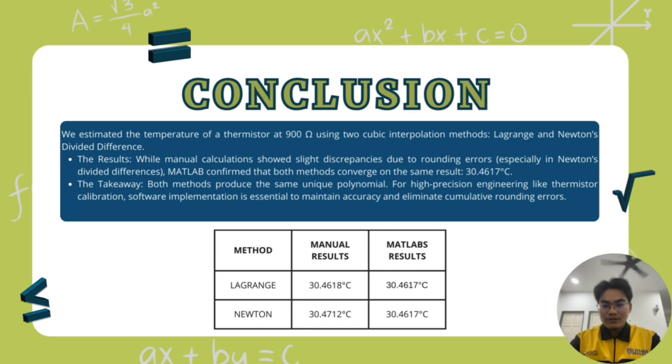Both methods generate the same unique interpolation polynomial for a given set of points. For high precision engineering applications, we conclude that while both methods are theoretically identical, software-based computation is necessary to avoid the misleading effect of manual rounding.